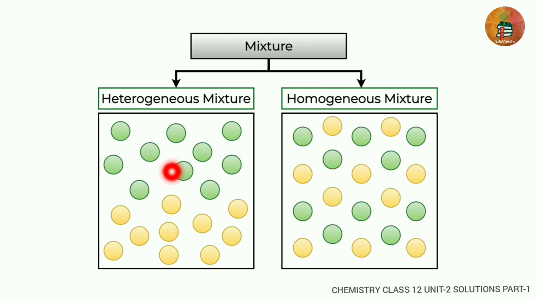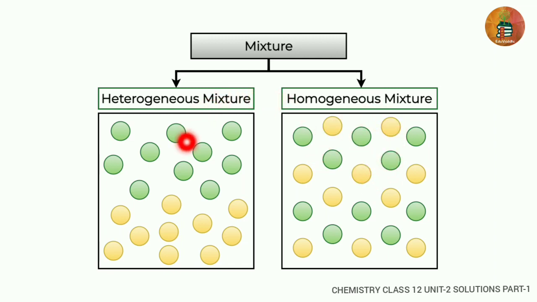If you see here, the green particles are at one side and yellow particles are at another side, but here both yellow and green particles, that is the representation of pure substances, are spread out uniformly.